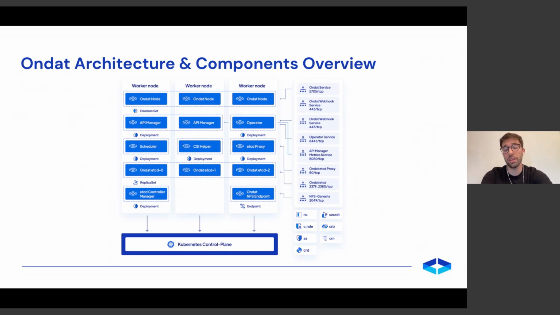What we are doing is aggregating the physical disk capacity of those nodes and virtualizing it. Then we can provision Ondat volumes. You can think of the Ondat volumes as persistent volume claims, a one-to-one mapping to a persistent volume claim in Kubernetes. And we will use that commodity hardware to provision and to serve the data. On top of that, we have different components to give smooth integration with Kubernetes.